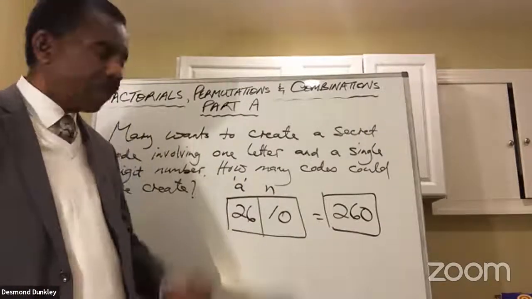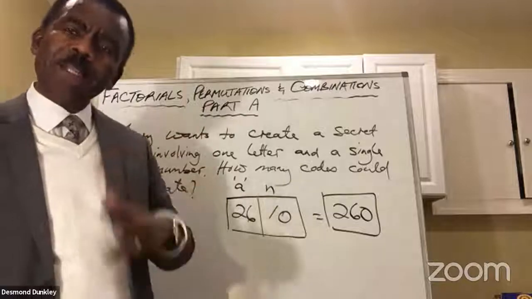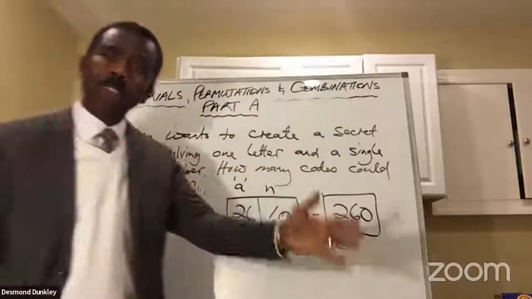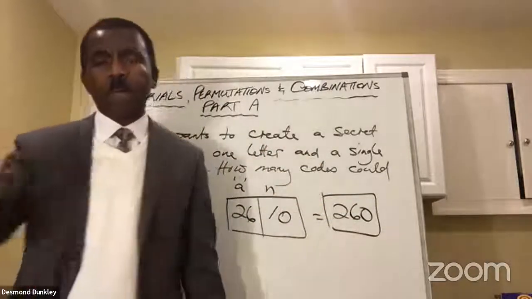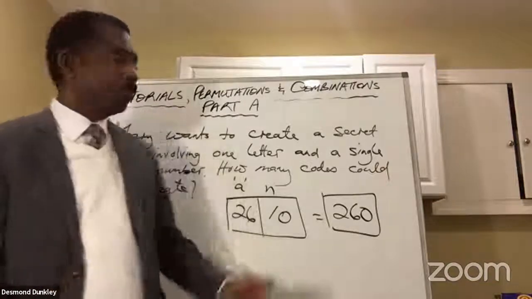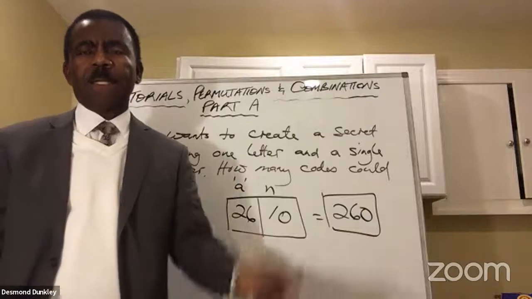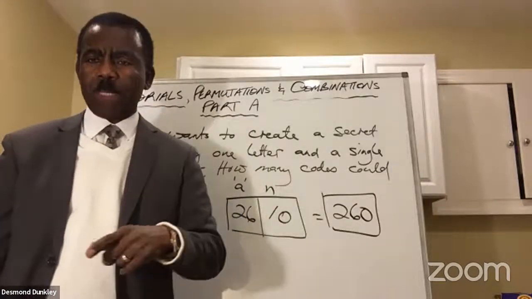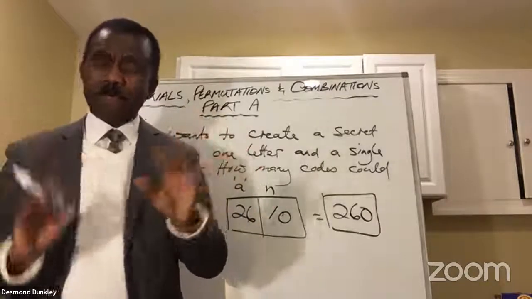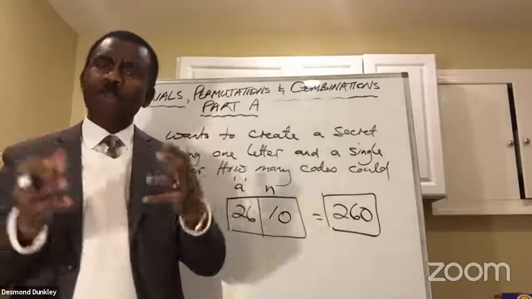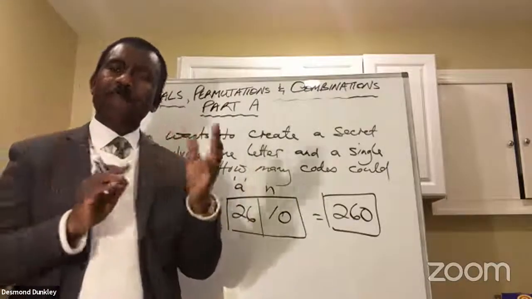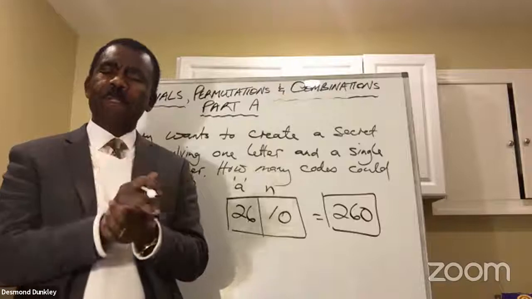All right? So now this is giving you an idea. Sometimes you will do permutation, sometimes you will do combinations, sometimes you just do straight multiplication principle. Okay? So the next session, we're going to be doing random questions and see how we could tackle them based on the information given in each question.